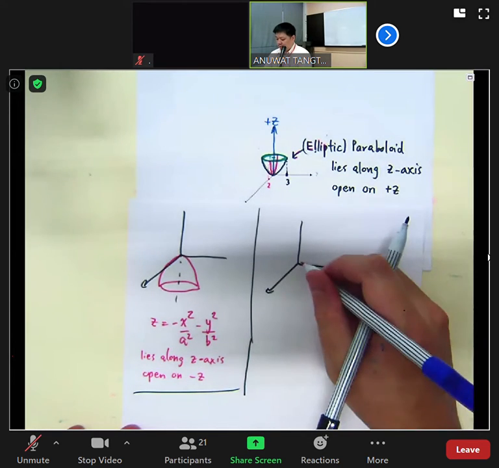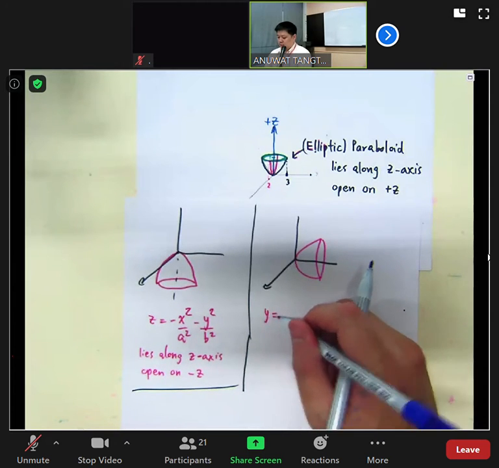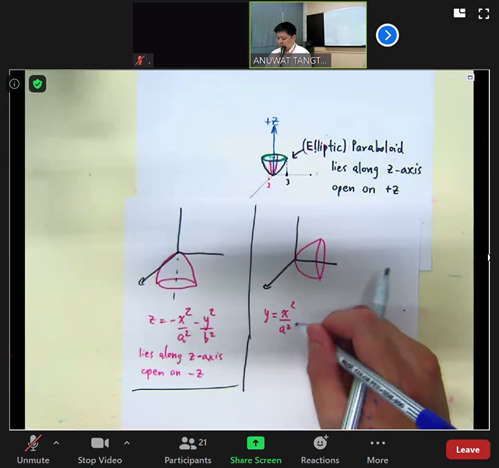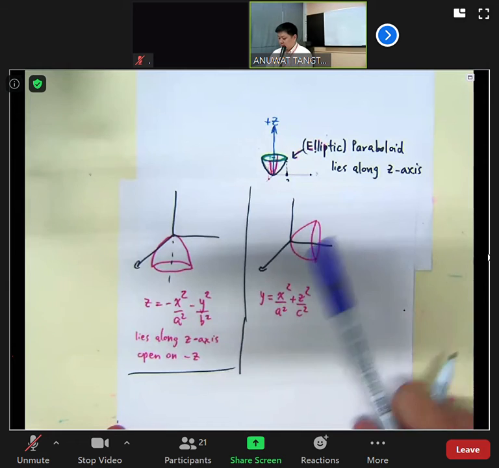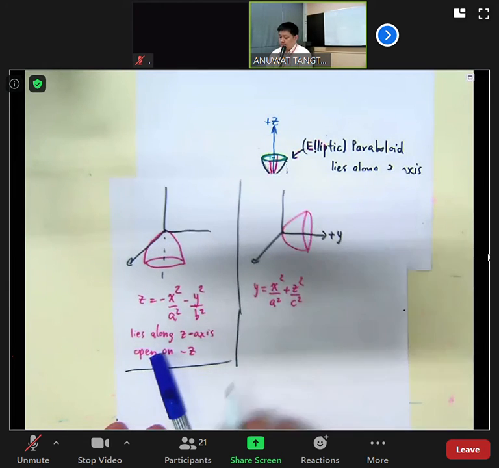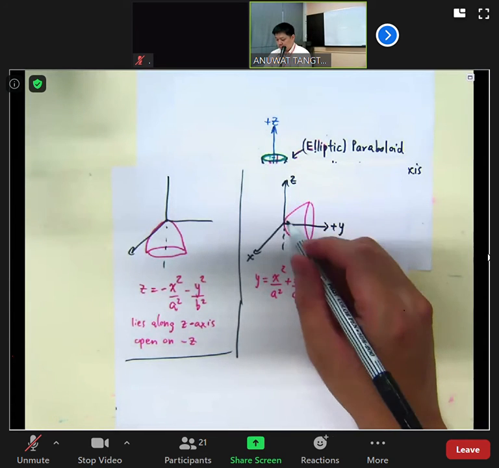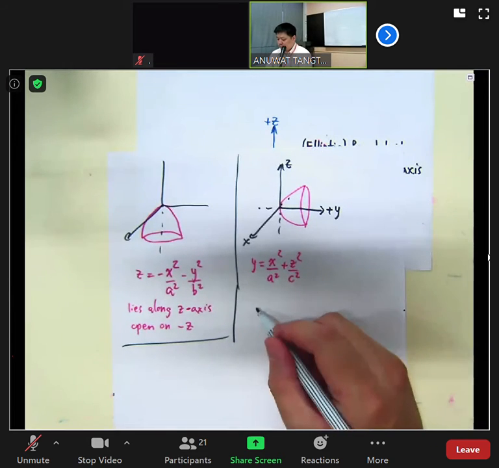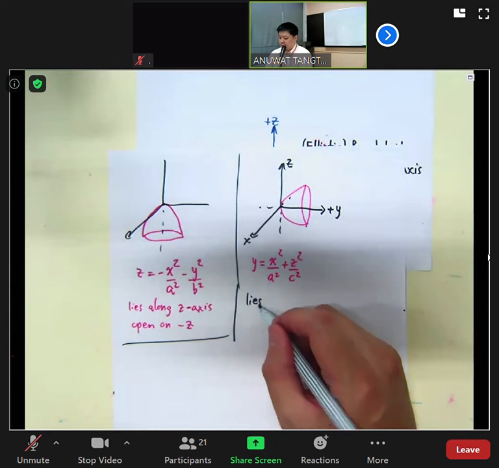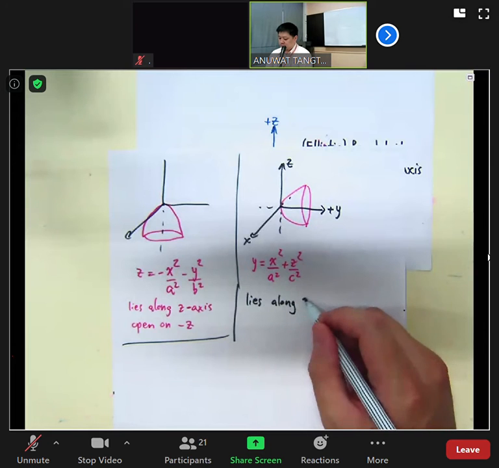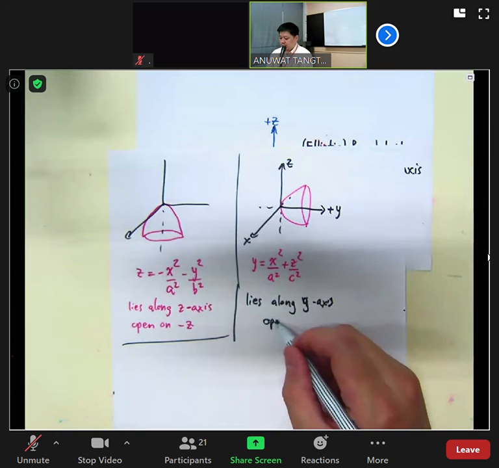We can have this: y equal to x squared over a squared plus z squared over c squared. This is open on positive y, so it would be the paraboloid lying along the y-axis and opening on positive y.